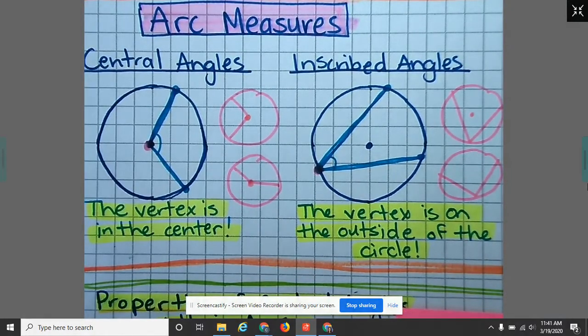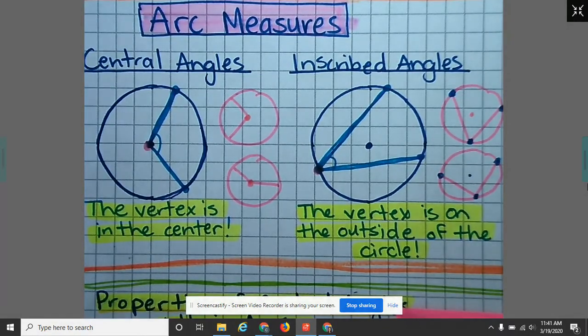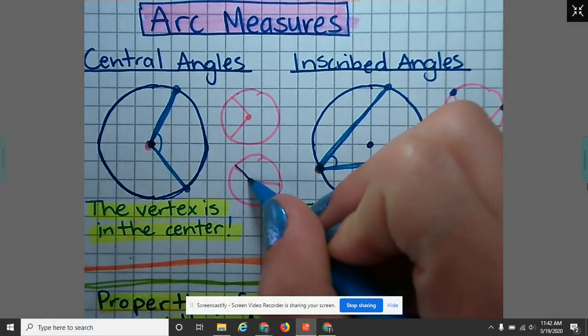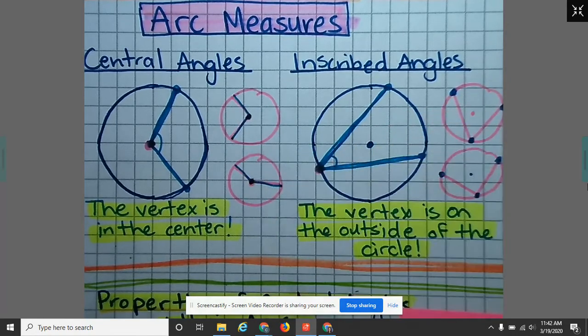I had someone notice before that with inscribed angles, they touch the outside of the circle 3 times. So that's one way that you could look at that. Just ask yourself, does it touch the outside of the circle 3 times? If yes, then it's an inscribed angle. And then, of course, the central angle, again, you're just going through the center of the circle. So this is a central angle here.